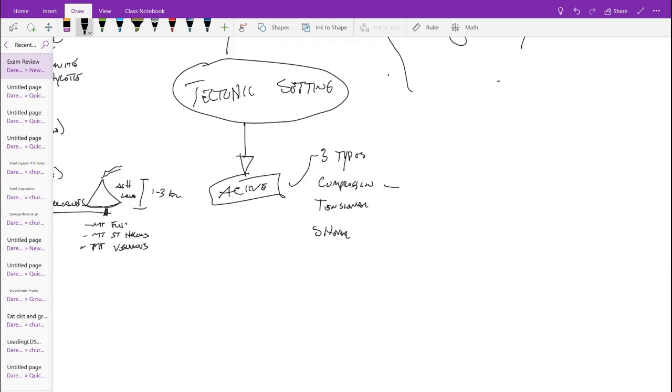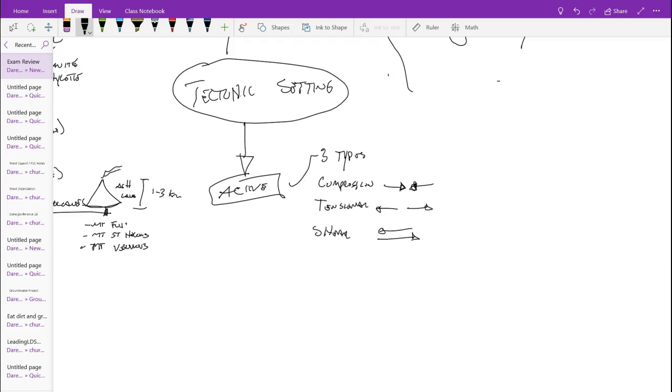Compression is when two materials are coming together. Tensional means they're going apart, and shear means they're sliding past each other in a sense.